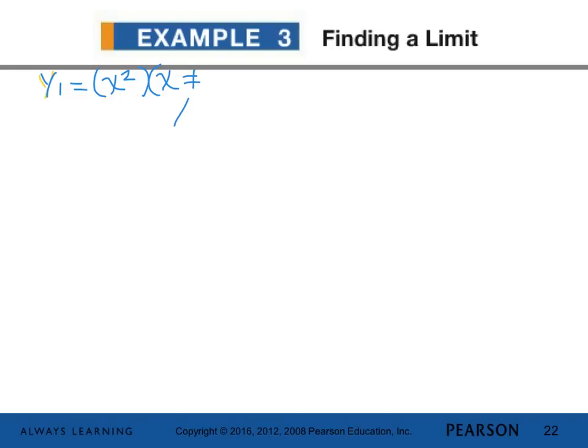And the way that you're going to get that does not equal sign is you hit your second button, and you hit your math button, and that takes you to what's called the test menu. And on the test menu, you have an option of is not equal to.